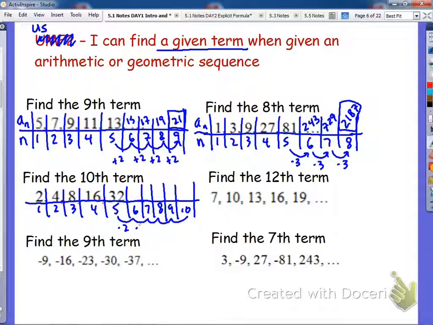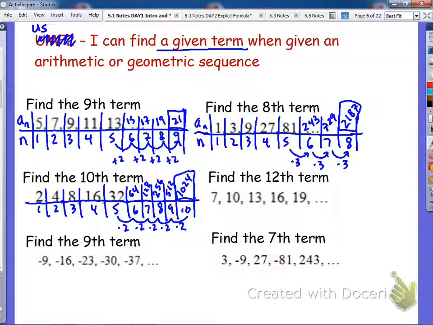So that is 32 times 2 times 2 times 2 times 2 times 2. So 32 times 2 is 64, times 2 is 128, times 2 is 256, times 2 is 512, times 2 is 1024.